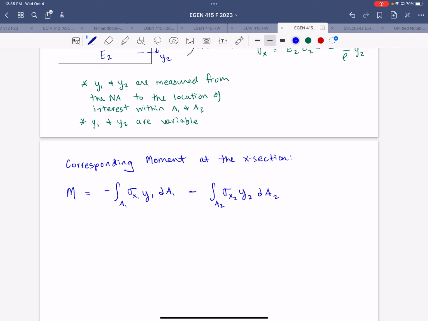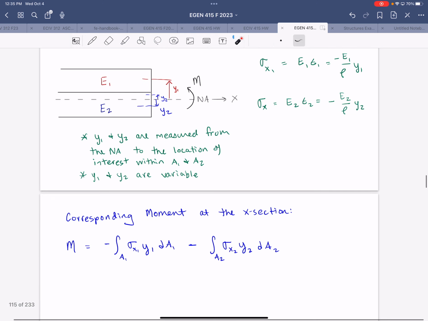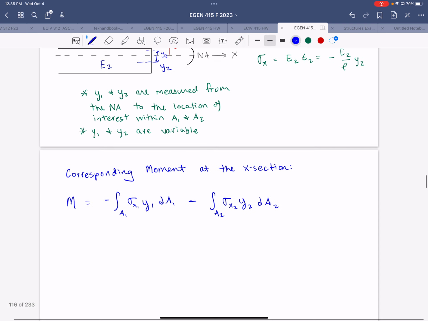So then, making this substitution first, we will get E1 over rho in front of the integral of y1 squared dA1, plus E2 over rho times the integral of y2 squared dA2.